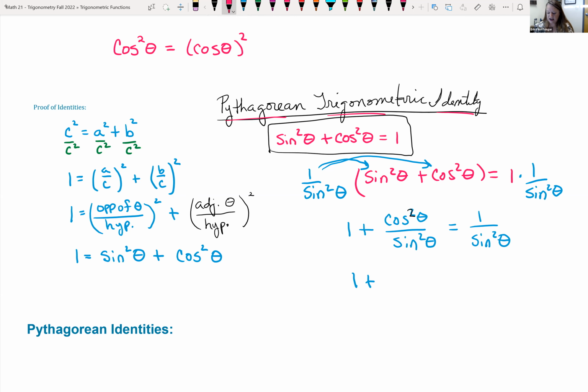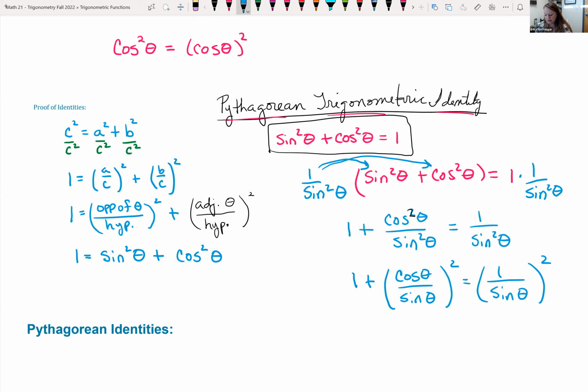So technically I can take that square and say this is the same thing as cosine theta all over sine theta quantity squared, which is the same thing as 1 over sine theta quantity squared.